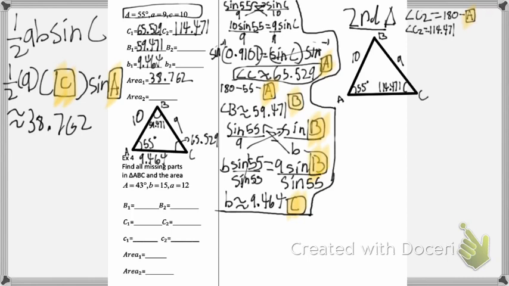And now let's subtract 180 minus 55 minus, now let's add this as letter D. Let's highlight that. Angle D. So now 180 minus 55 minus 114.471.